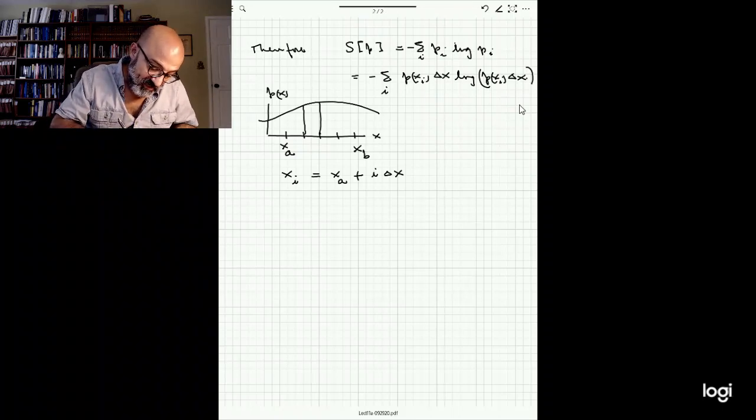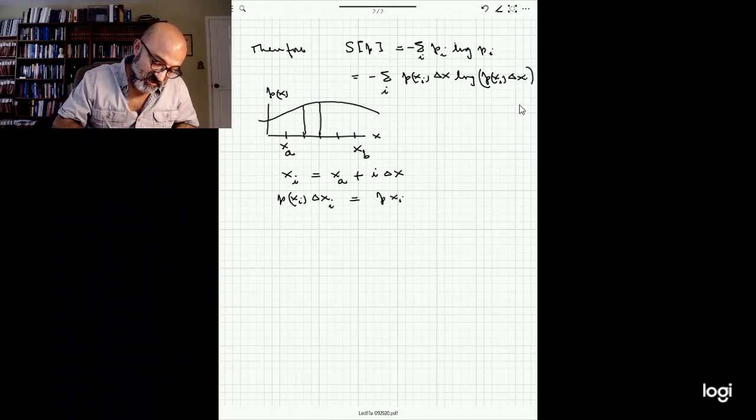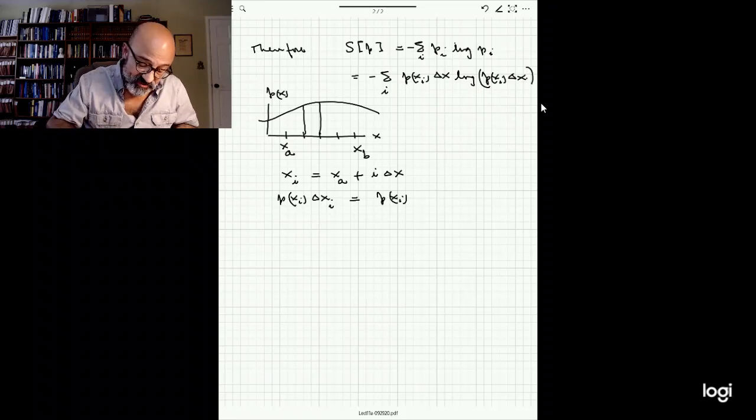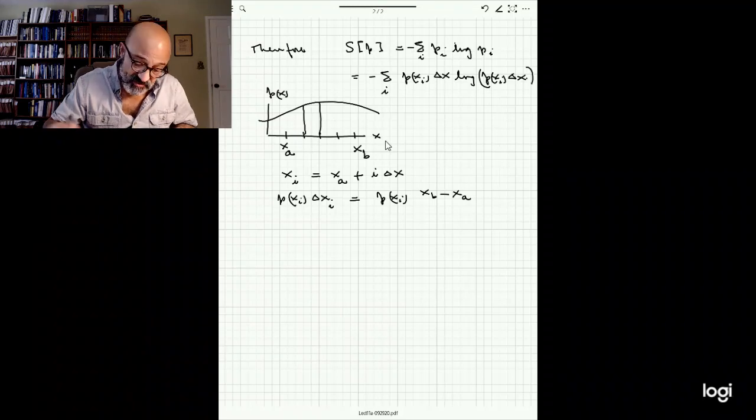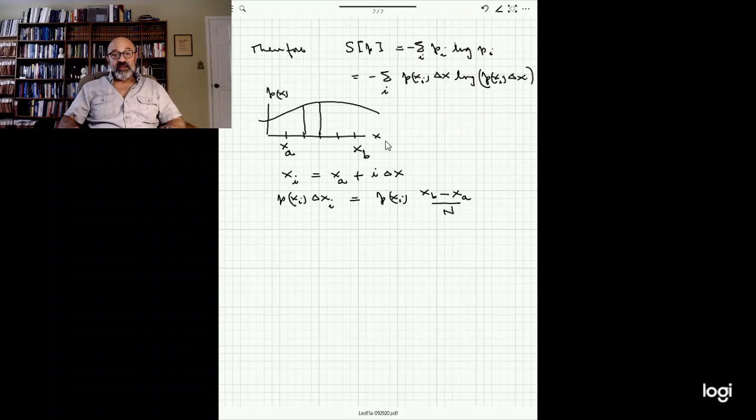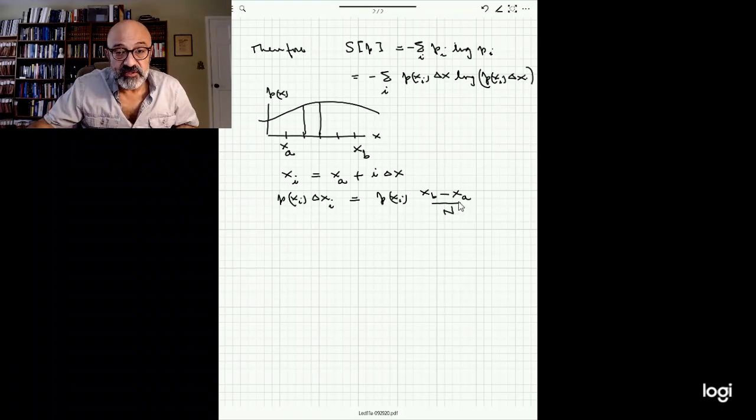So the probability p(xi) dxi is going to be whatever p(xi) is, and then the delta x is just going to be the difference between the highest value and the lowest value, and let us assume that we discretize it into n equal intervals.